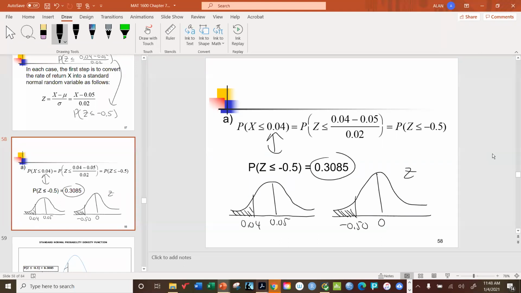Okay, this is Z, this is X, and these are the same. And we can see that because of the formula. Z equals X minus mu over sigma.